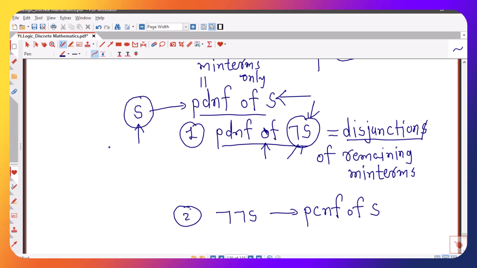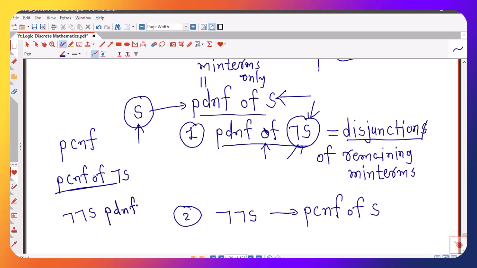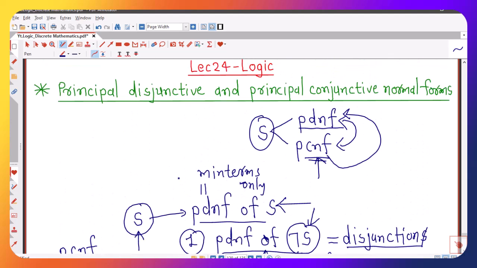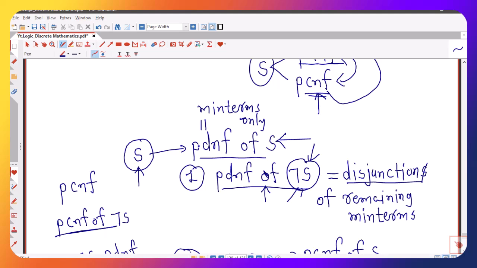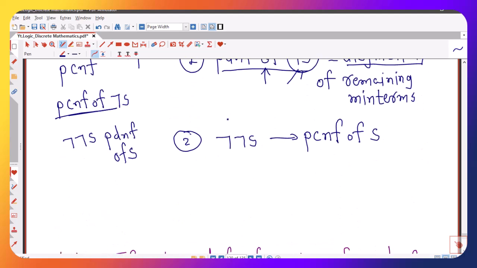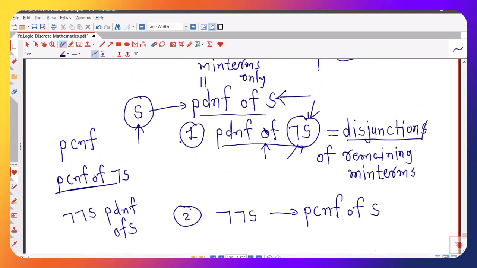And the same thing we can do if we have obtained the principal conjunctive normal form of S first. Then we will obtain the principal conjunctive normal form of negation S, which will be the conjunction of the remaining max terms, and then by taking the negation of this PCNF we will obtain the principal disjunctive normal form of the given formula S. So it is very easy to obtain both the forms of the given formula using this method.